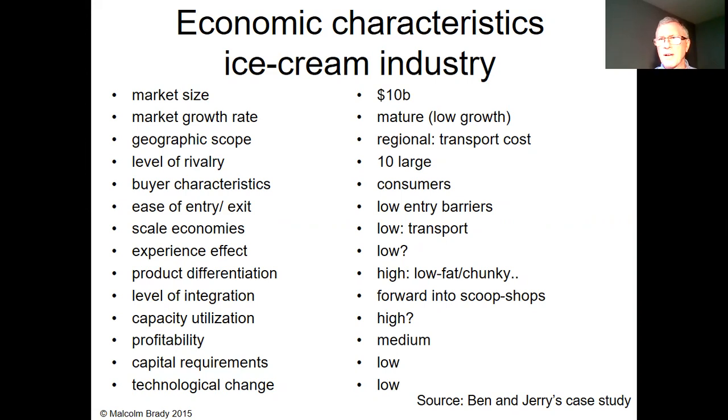The chocolate bar industry would be the same, lots of different types because people have different tastes. The level of integration that may be taking place in the industry. In other words, how easy is it for firms in the industry to integrate forward into the chain of the buyer company? In this case, we're seeing some level of forward integration with ice cream manufacturers setting up outlets for their products.